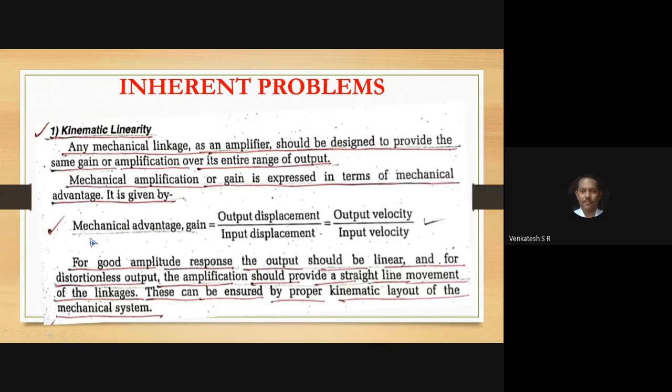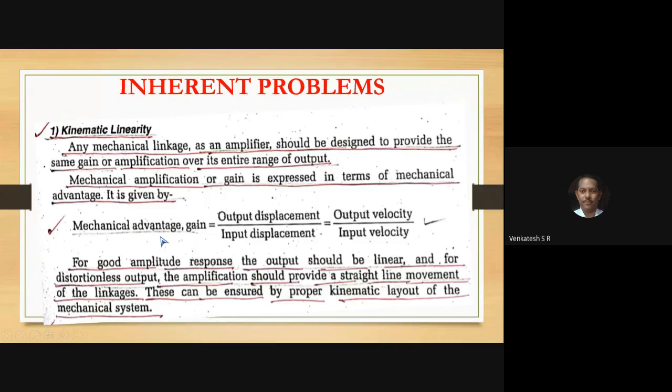Remember, mechanical gain means a small amount of input which is increased to a higher level. See, 10 units increase to 100 units, or 10 units is increased to 1000 units. That is mechanical advantage.